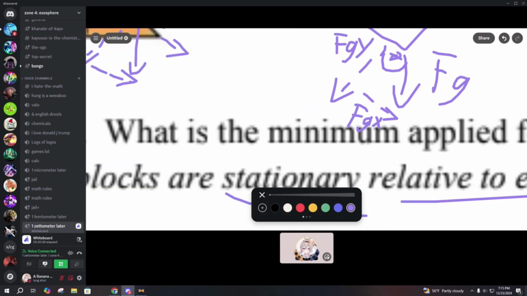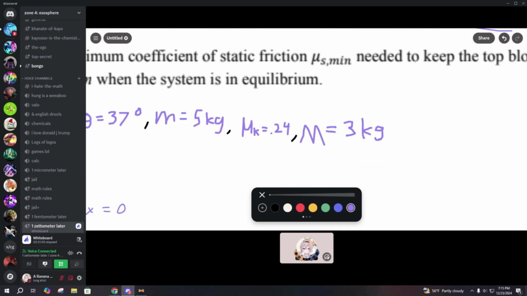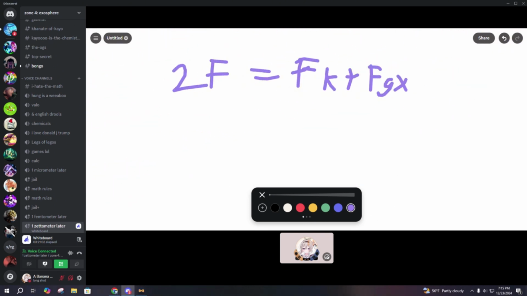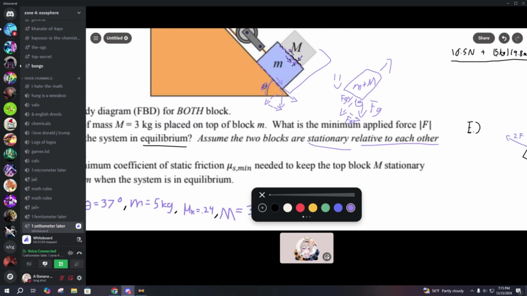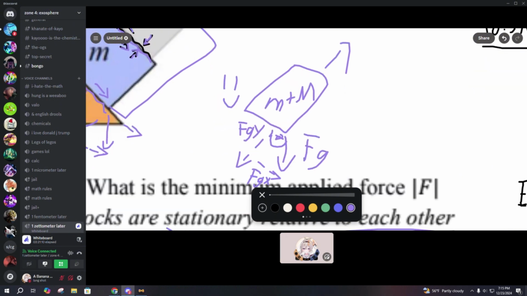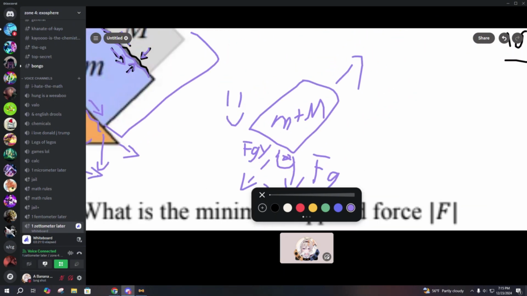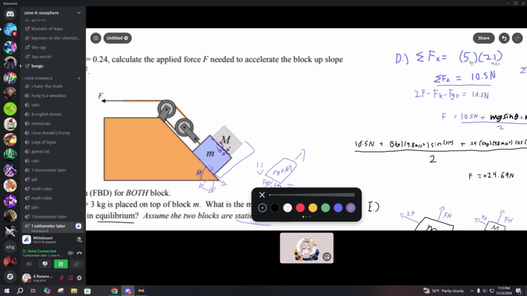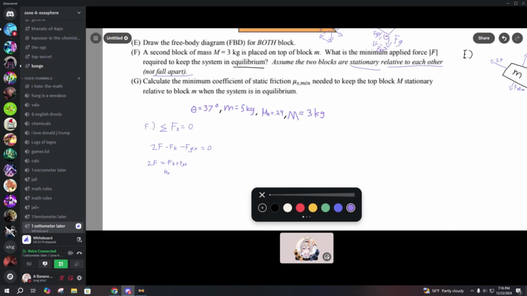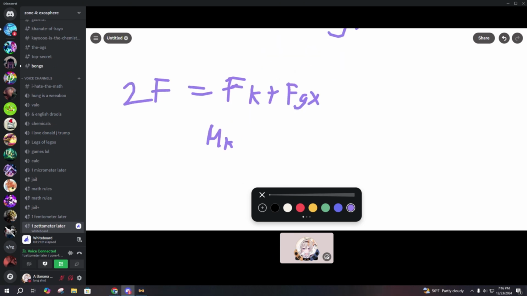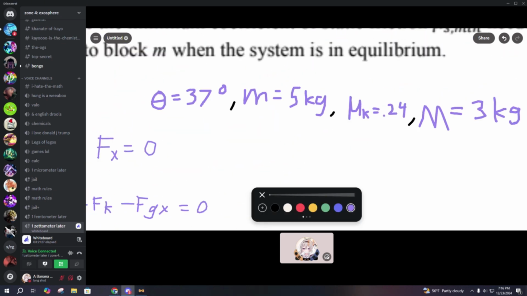I know Fgy is adjacent to the angle, so it's going to be mu k times Fn, right? But I established earlier that Fn is also just this Fgy, right? They're equivalent, Fgy is equal to Fn. I established that in an earlier problem. So I'm going to take the mass, but since I'm using the whole system, it's going to be m plus M, right? Times g. And now, what component is it?